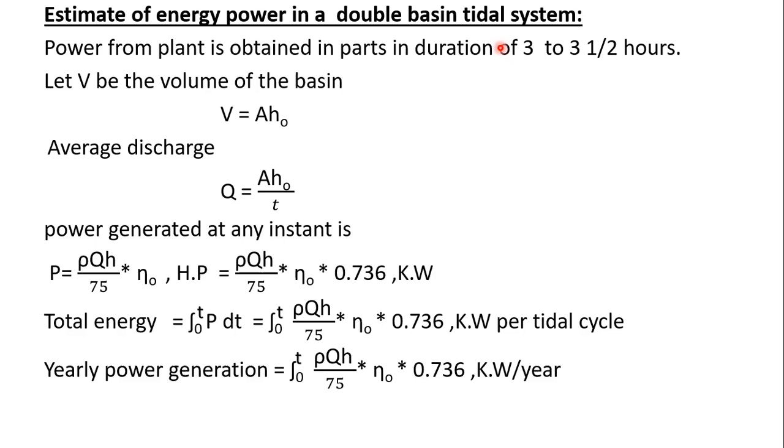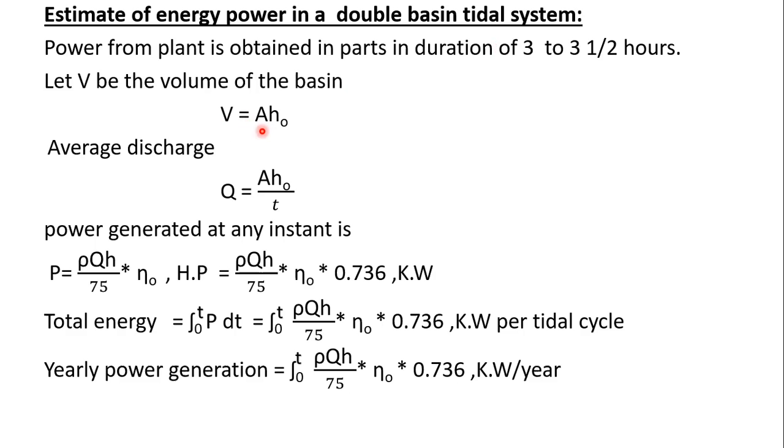So from this, the power or total energy is first calculated per tidal cycle, and then it is calculated for the year. So for the year, total energy can be obtained as below. Let V be the volume of the basin, then we can write V is equal to A into H naught, where A is the average cross-sectional area of the basin.